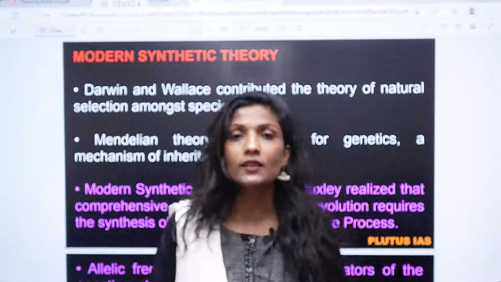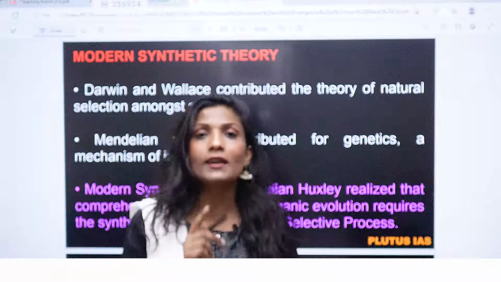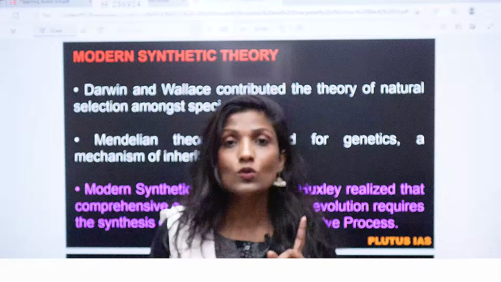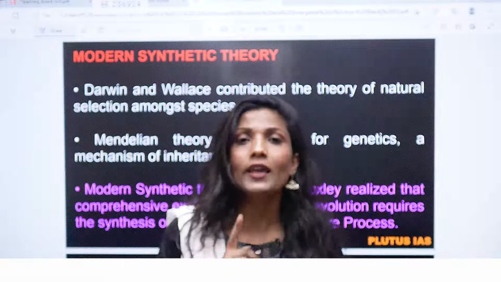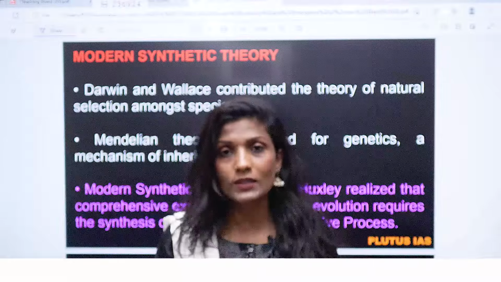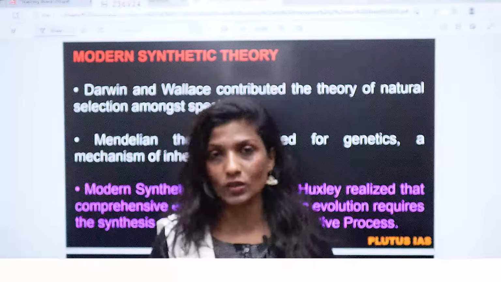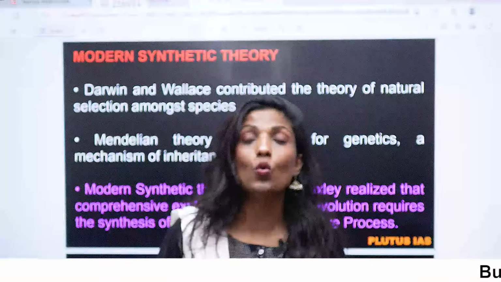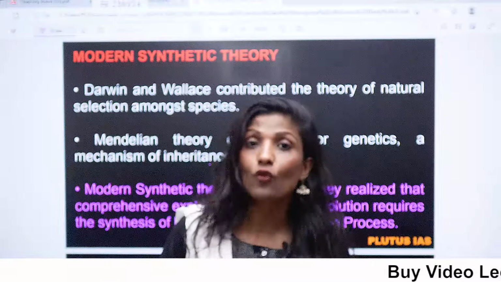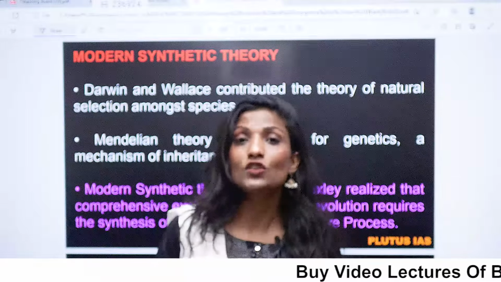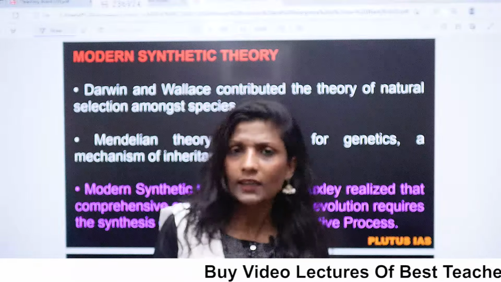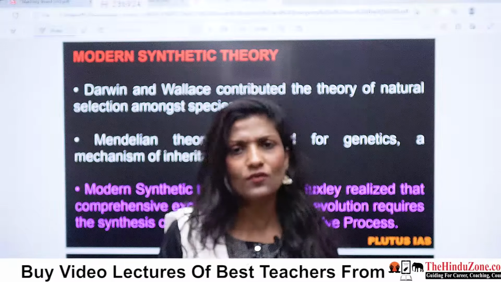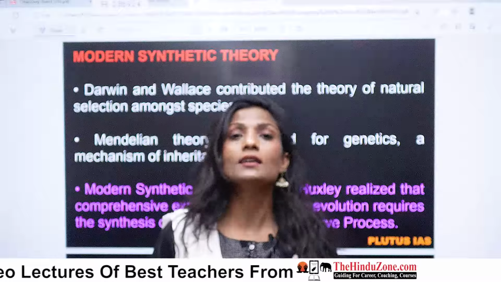Modern synthetic theory gives us a correct explanation, which says that in order to understand human evolution and why we have variations among different living organisms, we need to understand both genetics, which is given to us by Mendel, and the natural selection process, which is largely given to us by Darwin.